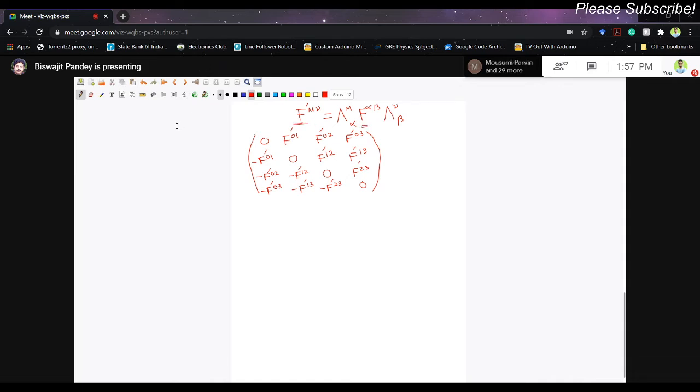On the right hand side we have a similar second rank tensor which will be clubbed between two Lorentz transformation matrices. In our case, the Lorentz transformation matrix is quite simple: gamma, minus beta gamma, and so on. It will be a bit lengthy. So gamma, minus beta gamma, 0, 0, minus beta gamma, gamma, 0, 0, and then the rest.